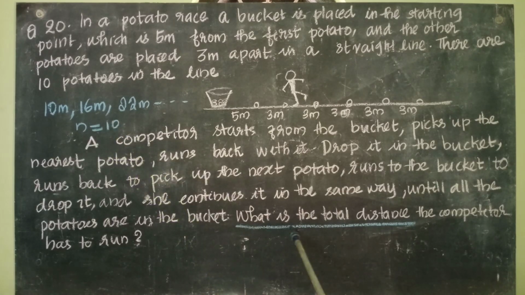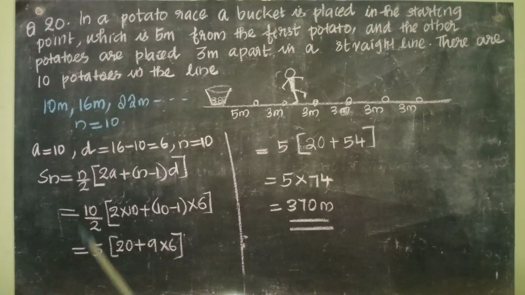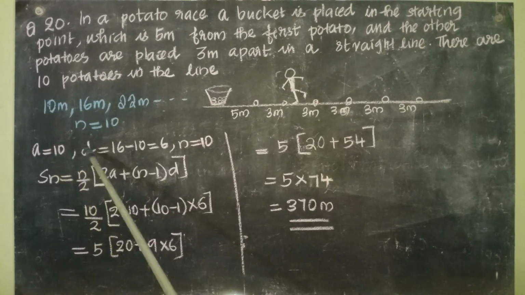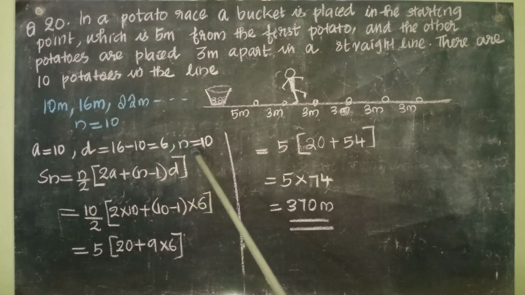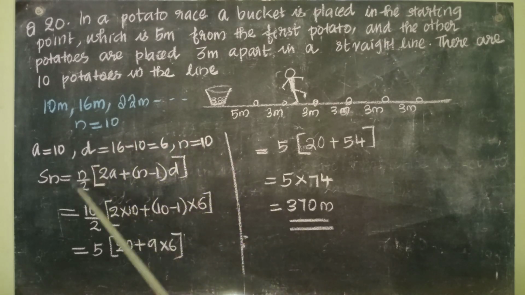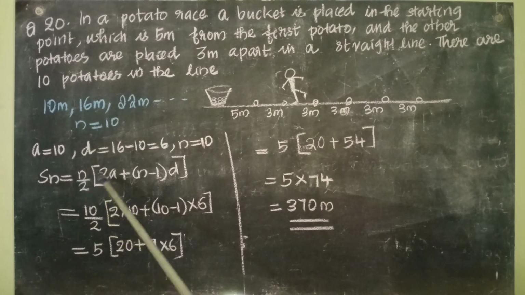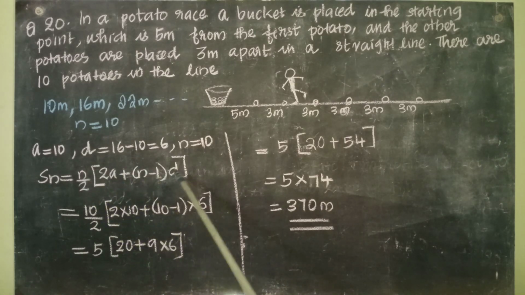So we need to find out what is the total distance the competitor has to run. That means we have to find out the sum. We have a equal to 10, d equal to 16 minus 10 equal to 6, n equal to 10. Sn equal to n by 2 into 2a plus n minus 1 into d.